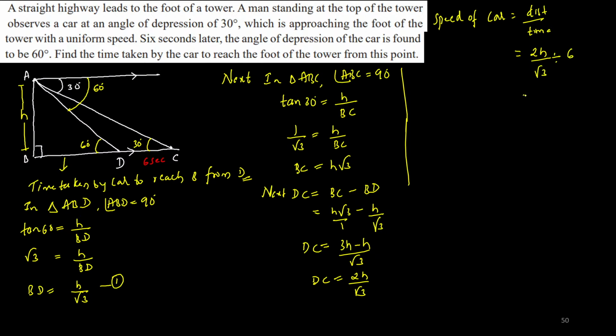That is nothing but 2h by root 3 into 1 by 6. So 2 ones are 2, 3 ones are 3. That is h by 3 root 3, which is nothing but the speed of the car. Clear?